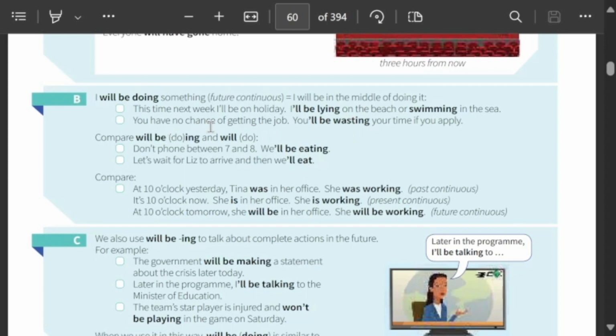This is in the present. You have no chance. Right now, you have no chance. For example, you don't know enough, you don't have the qualifications, etc. But if you apply, this is in the future, right? You will be wasting your time. You will be wasting. Okay? In this case, it's taken as an action in the continuous sense.